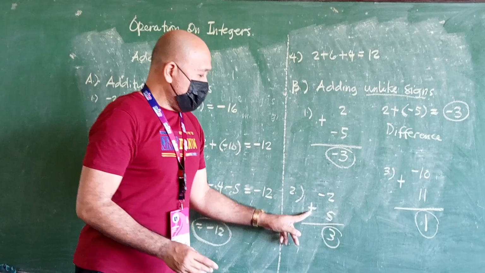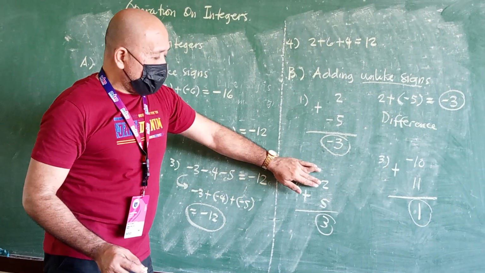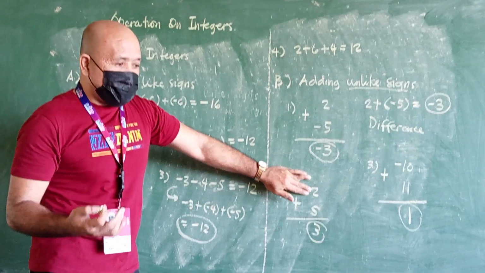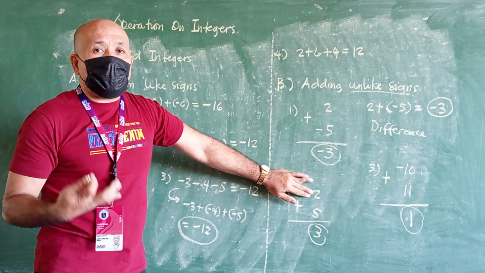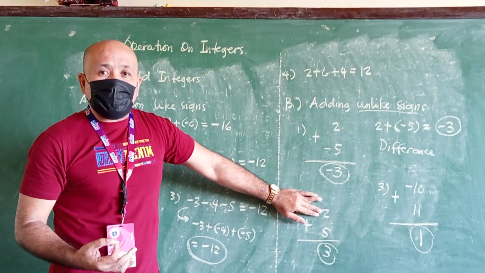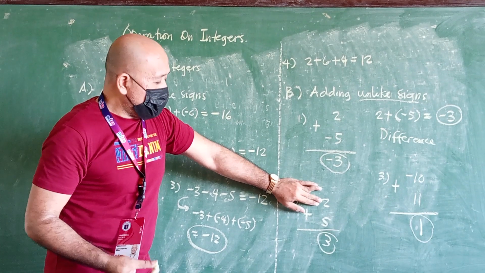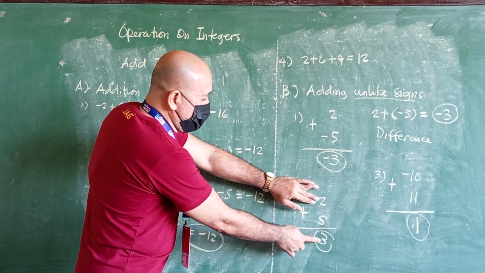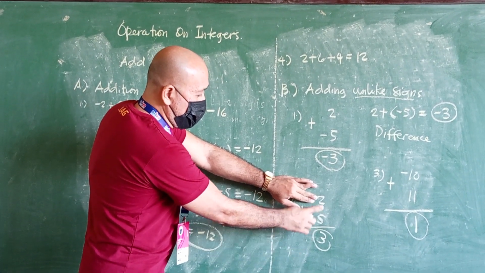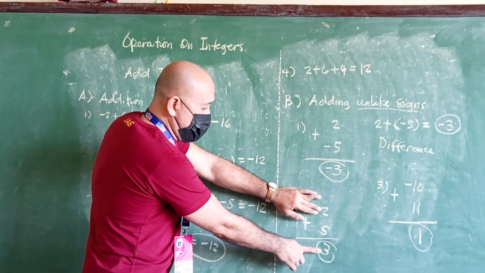While in this case, you have negative 2 plus 5. When you cover the negative, it is like applying the idea of absolute value, expressing negative 2 as a positive integer. After that, you get their difference, and that is 3. Then compare the two to decide the sign of your difference.